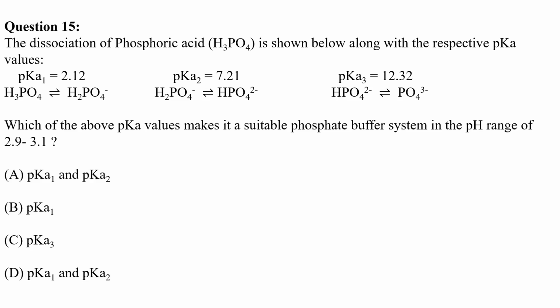Which of the above pKa values makes it a suitable phosphate buffer system in the pH range of 2.9 to 3.1? Options are option A pK1 and pK2, option B pK1, option C pK3, option D pK1 and pK2.